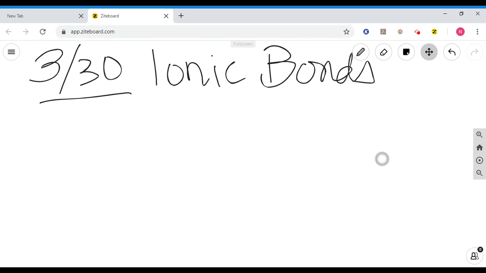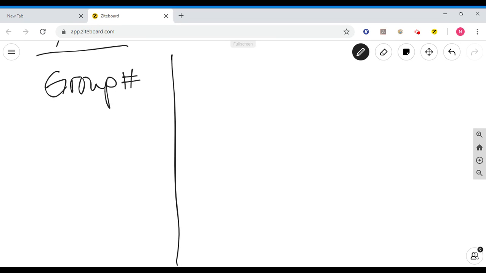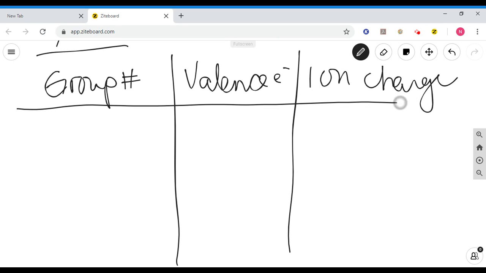So we're going to have three columns in our chart: group number, valence electrons, and ion charge. This chart is going to be pretty handy when you are learning how to write ionic compounds, and this is something that you're going to do tomorrow.